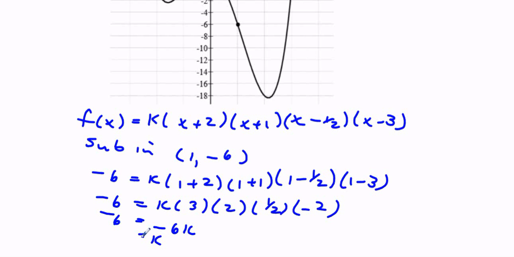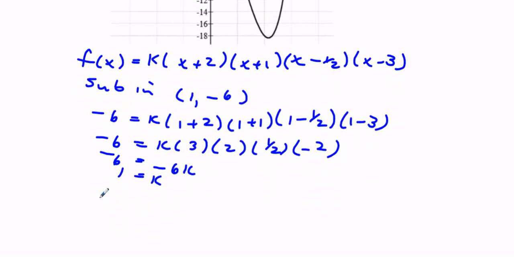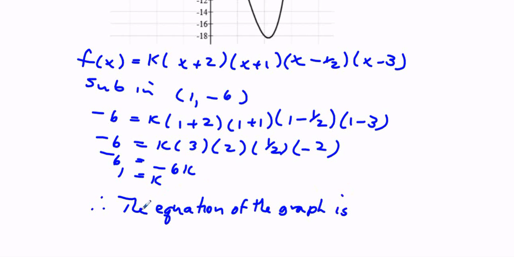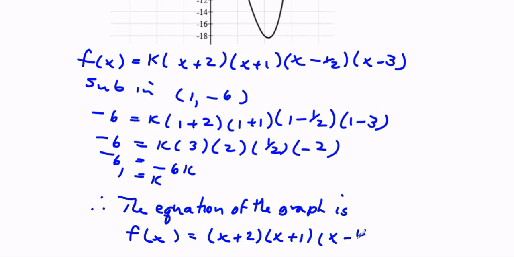So our k is equal to 1. So our equation of that graph is, I'll just go down here, f of x equals x plus 2 times x plus 1 times x minus a half and times x minus 3.